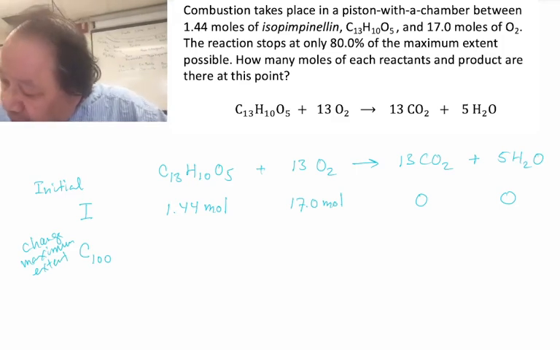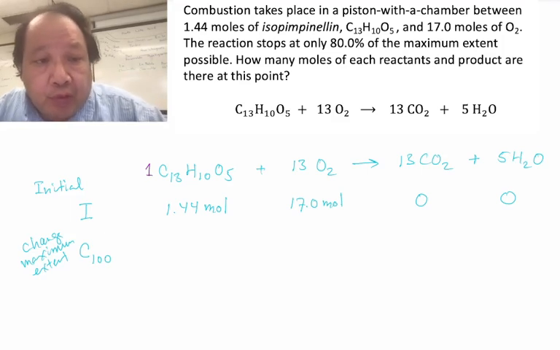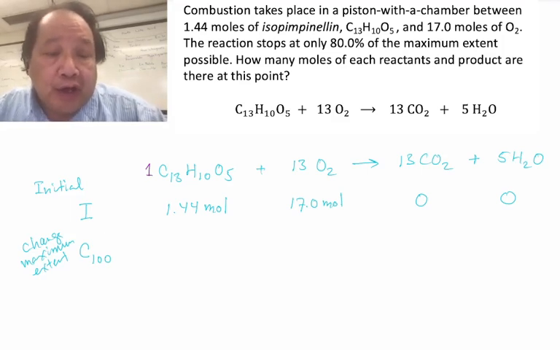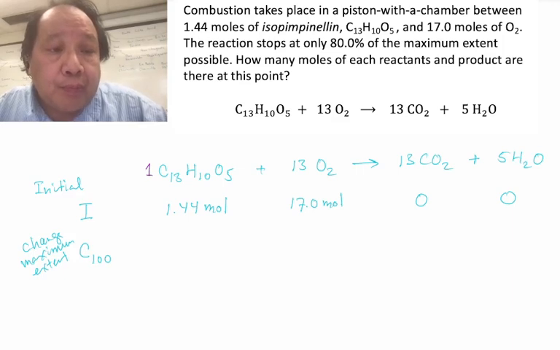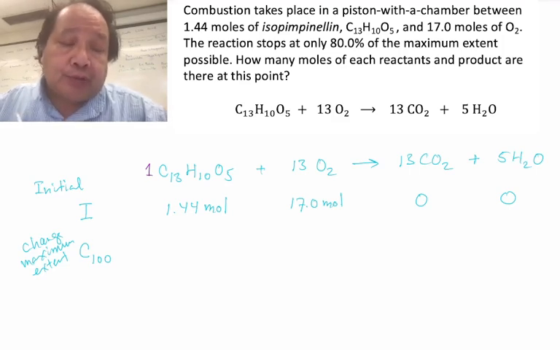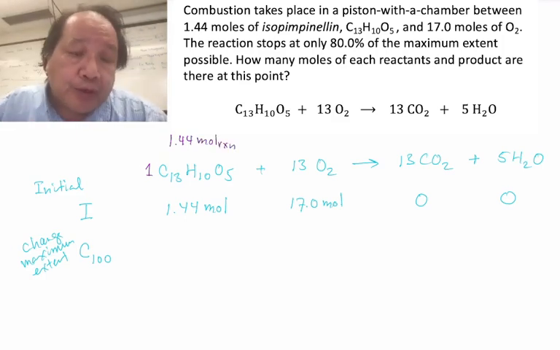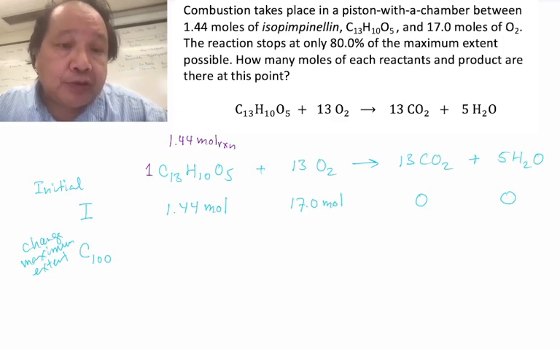The coefficient for C13H10O5 is 1. For every 1 mole of C13H10O5, I can run the reaction 1 mole reaction time. For 1.44 moles, I can run it 1.44 mole reaction times. So mole reactions are the number of times you can run the reaction given that you have this much of the starting material.